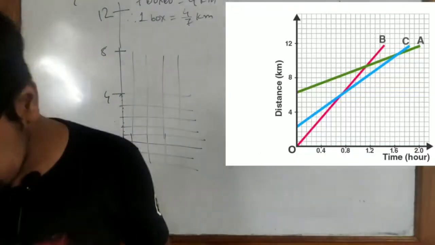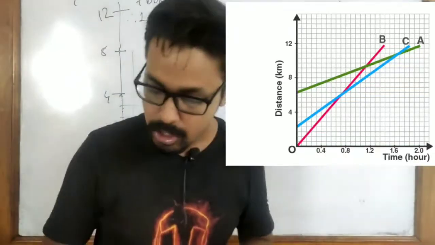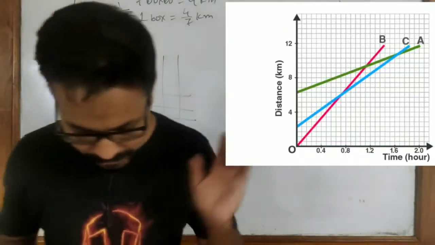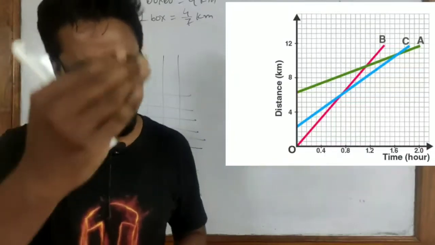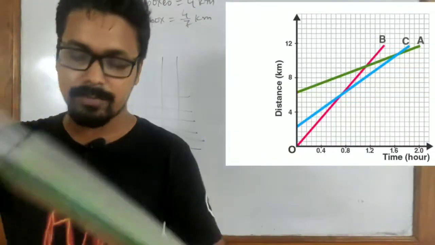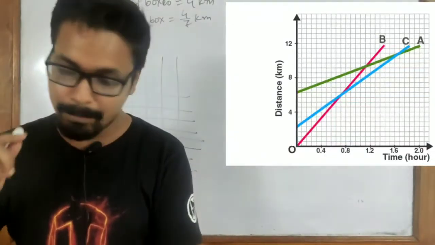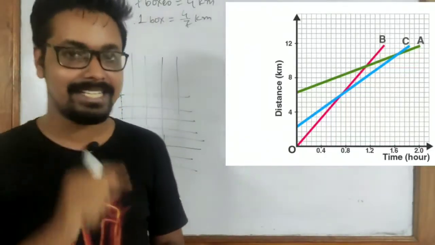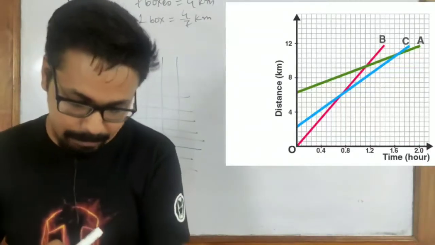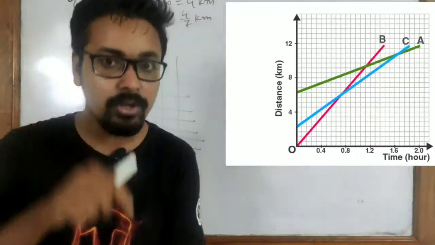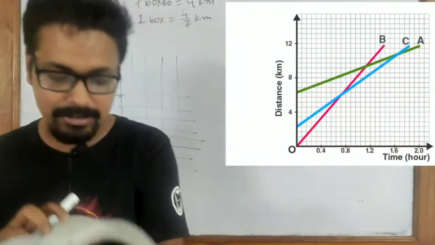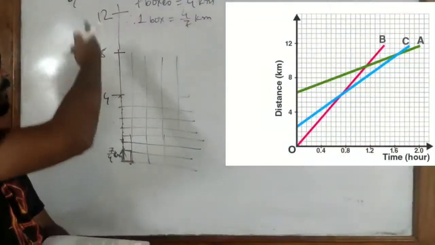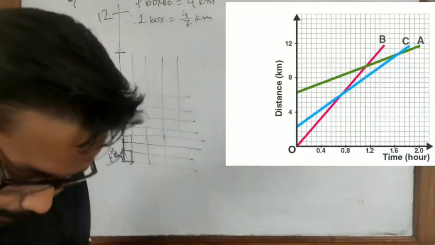So what it says is how far has C traveled when B passes A. So if you look at this graph or the one in the book, when B passes A, that means find the point where B and A intersect. Look at the amount on the distance line, the y-axis, where B and A meet.